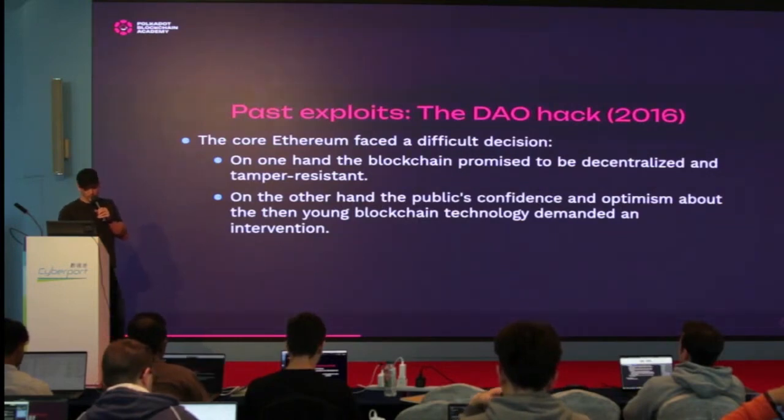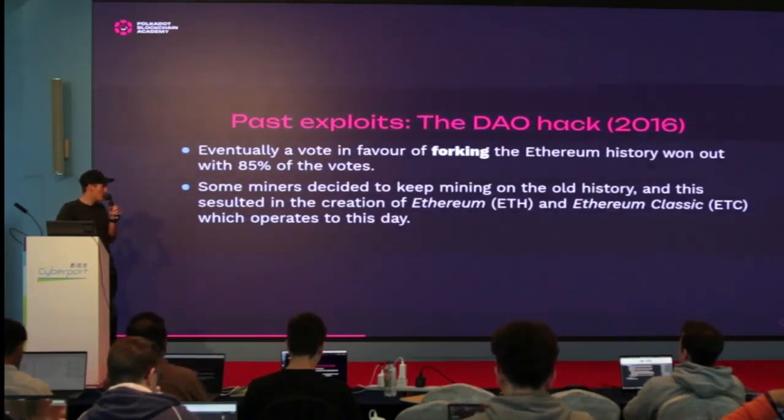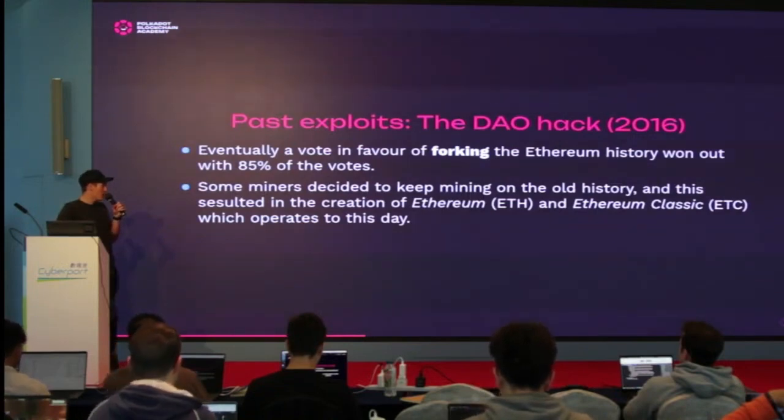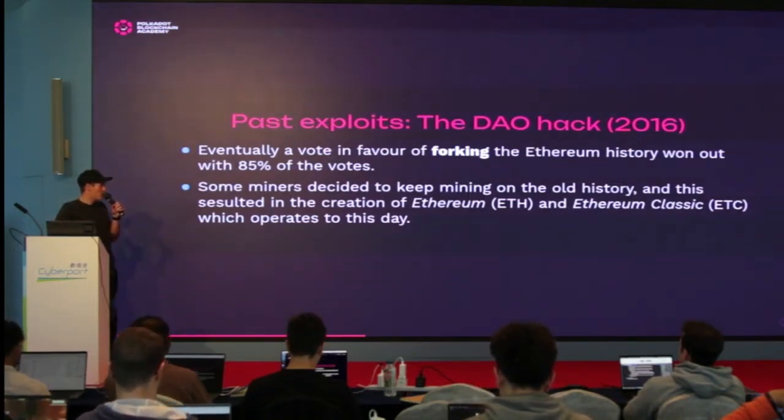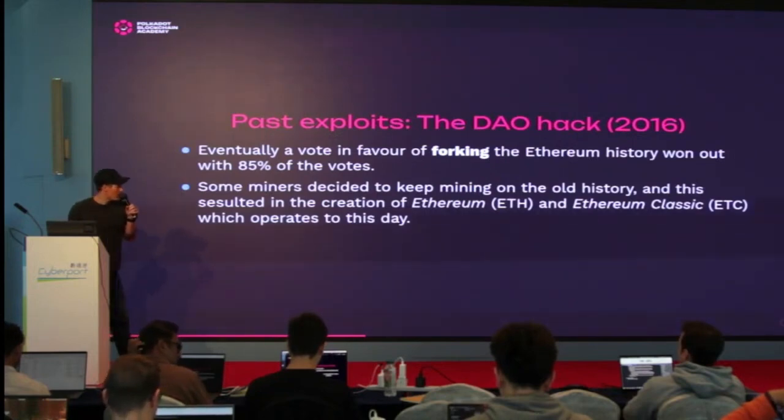And that's what they have done. They forked Ethereum with a majority of the votes, but some miners still chose to mine on the old history. And this created a chain called Ethereum Classic, which actually still exists to this day, has its own updates and miners, and the token is traded.